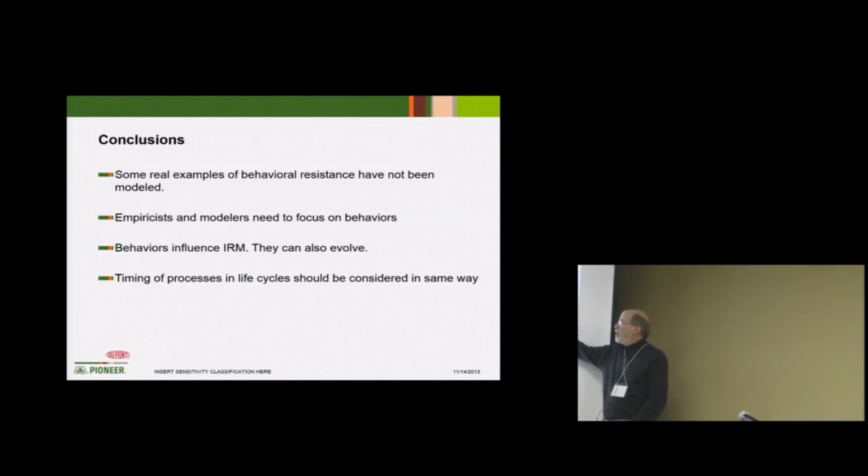We need to work together so that we can focus on these behaviors. Behaviors can influence IRM, whether they've evolved or not, but we also have to recognize that if there's enough selection pressure, the behaviors themselves will evolve. And timing is important, of course. That's it.